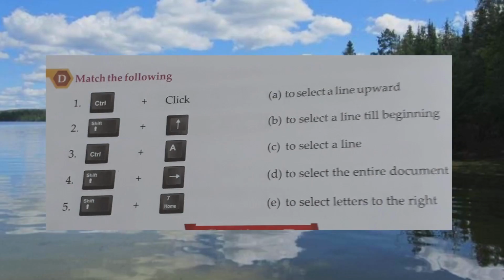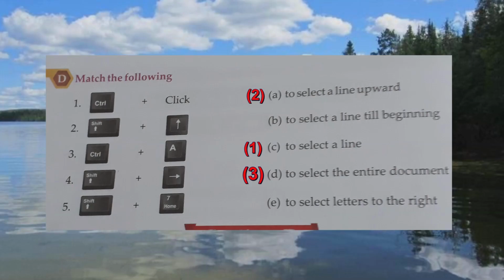Now match the following. Ctrl plus click to select a line. 1 matches with C. Second, Shift plus up arrow to select a line upward. So 2 matches with A. 3. Ctrl plus A to select the entire document. D is the answer.